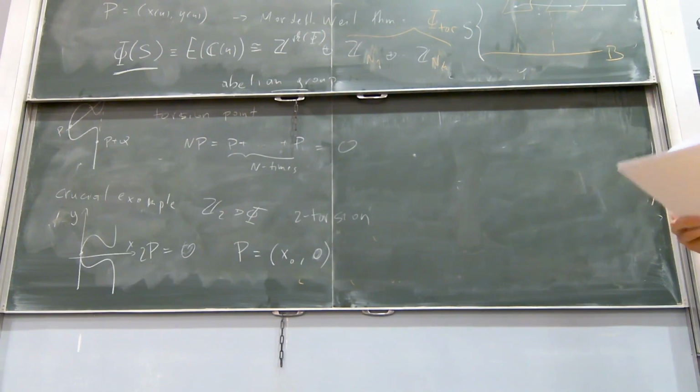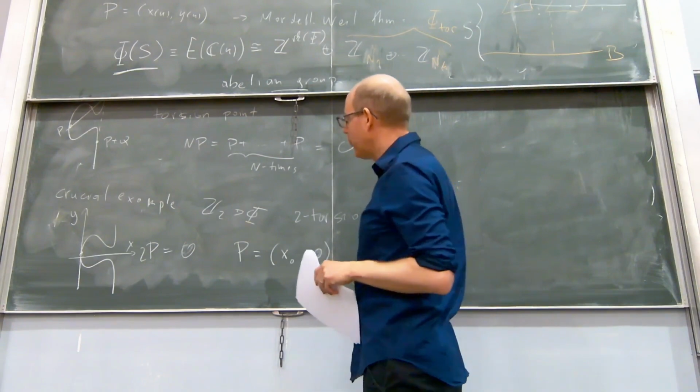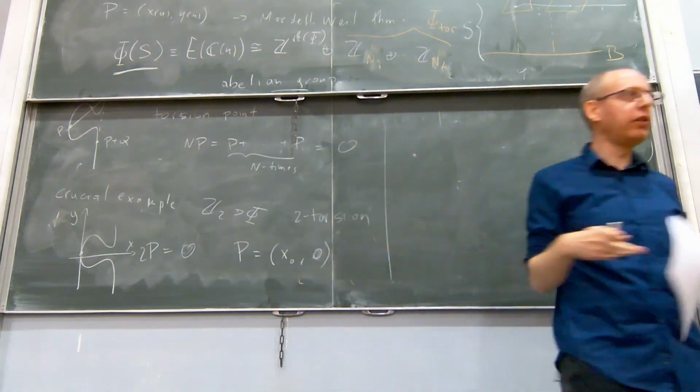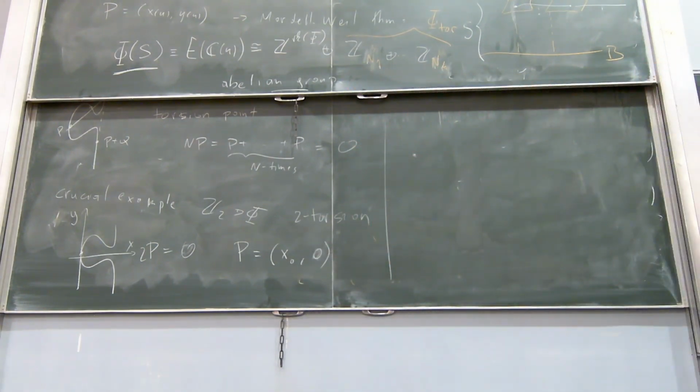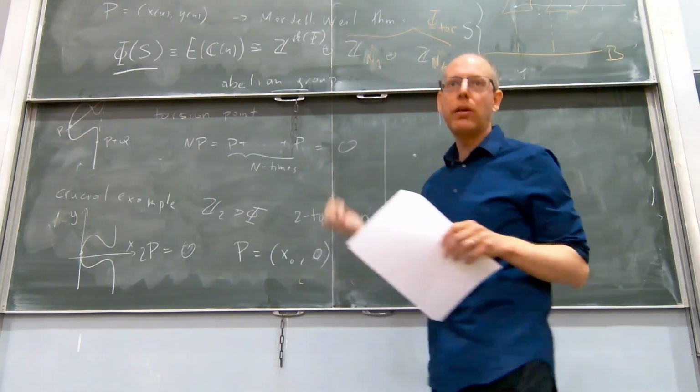So if I only consider two-torsion sections, either I have one solution, a rational point, and then the other two are related by the usual quadratic solution, or there are three rational points.